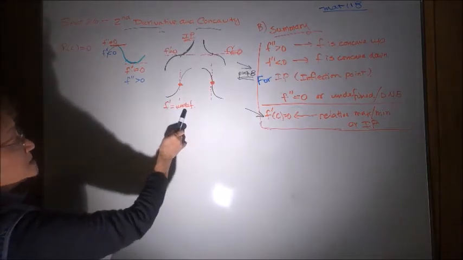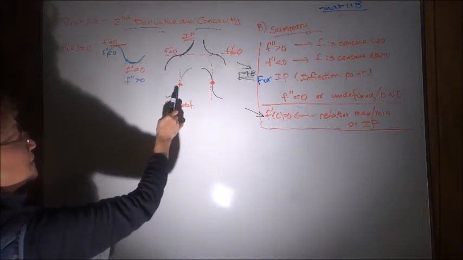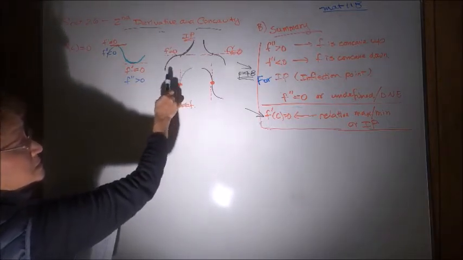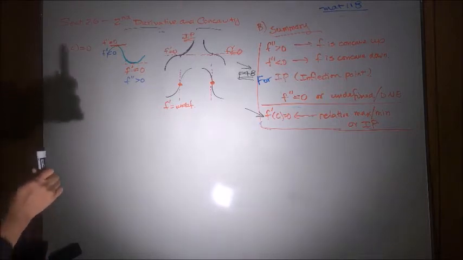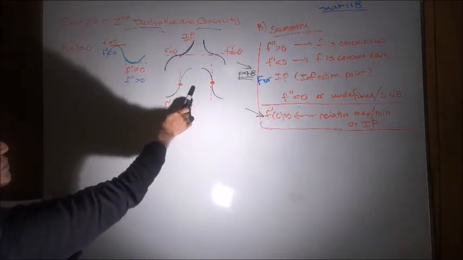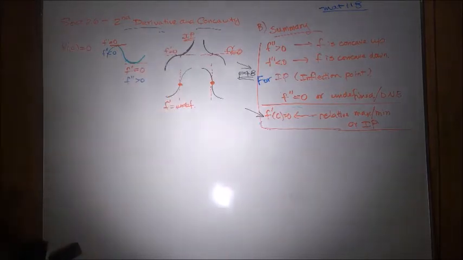When f prime is undefined, then we will have an IP point like this as well. Okay? But f prime prime for those things, maybe, a little bit different. Let's find out how it works out.